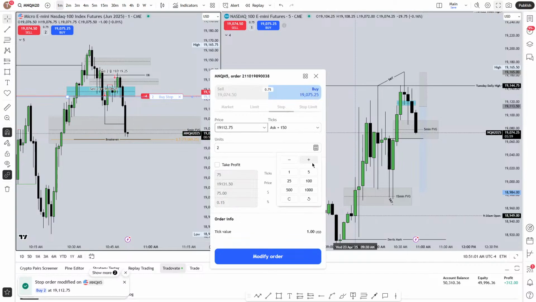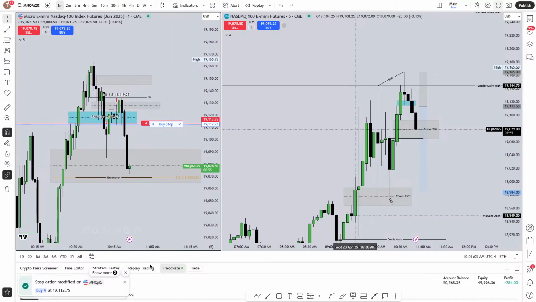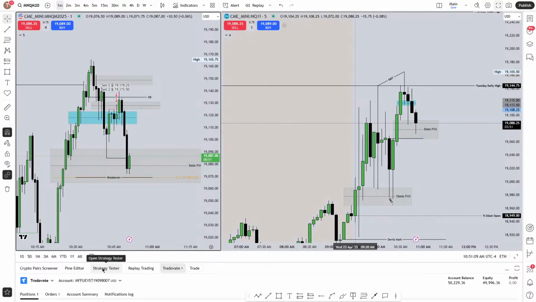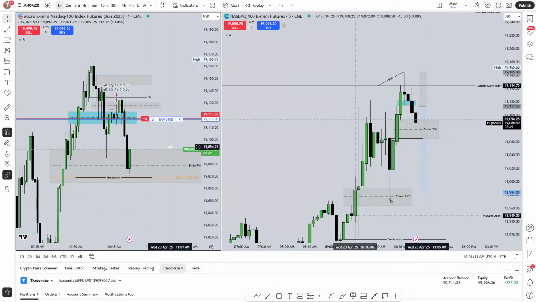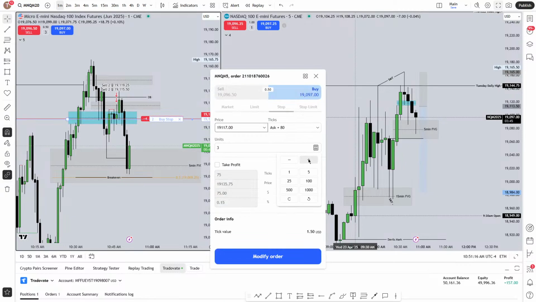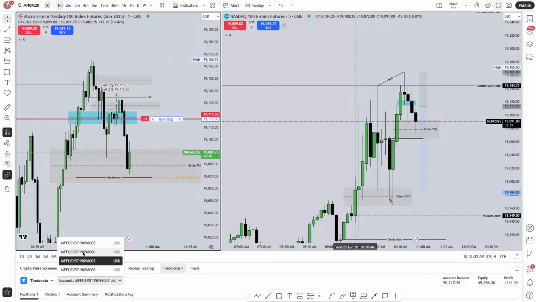That was an accident. Something's going on with my trade copier, and I'm not liking it.